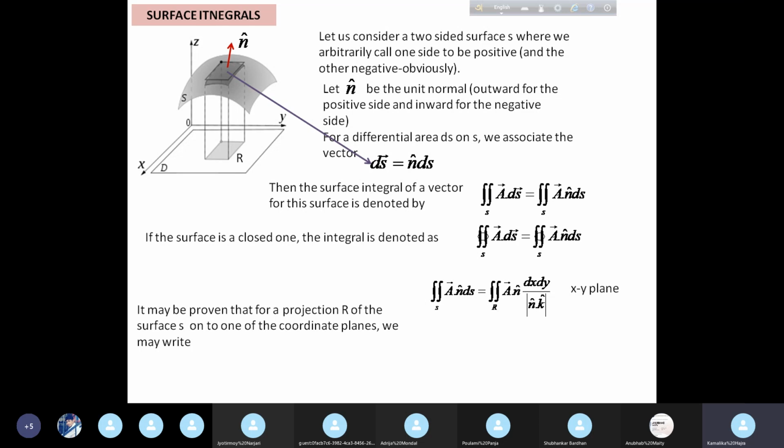And the integration is like this: A dot n cap dx dy divided by n cap dot k cap. Okay, so k cap is the normal to the xy plane, right? So this is the formula for projection on the xy plane. Can someone tell me, by looking at this formula, what will be the formula for projection on the xz plane?